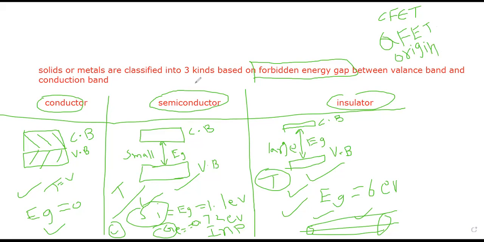Next, classification of solids into three kinds based on forbidden energy gap. Next, sources of electrical resistance in a metal.